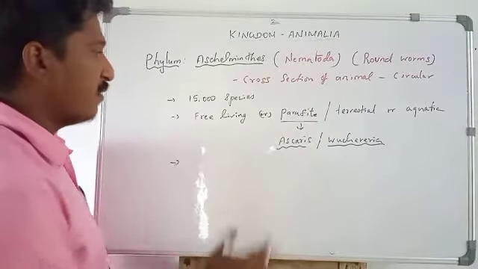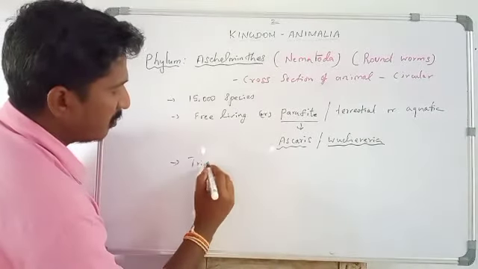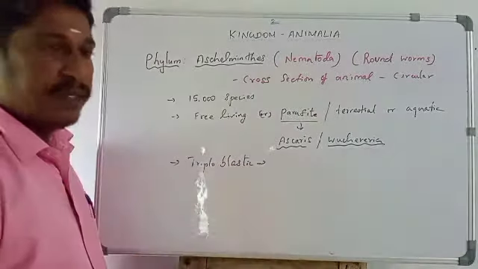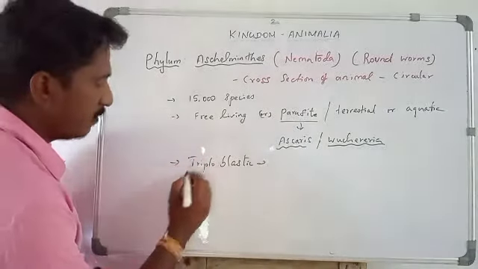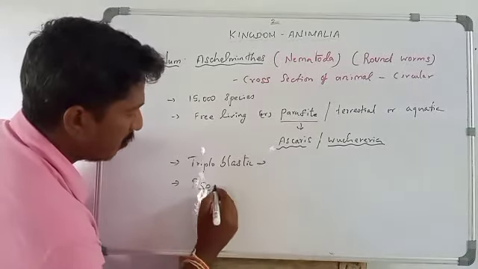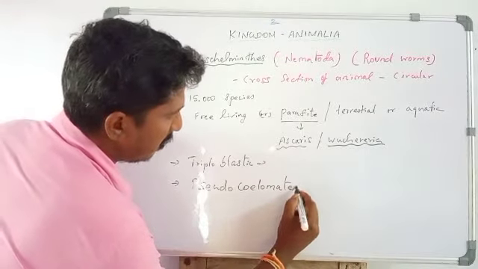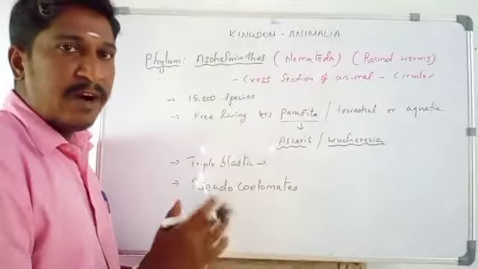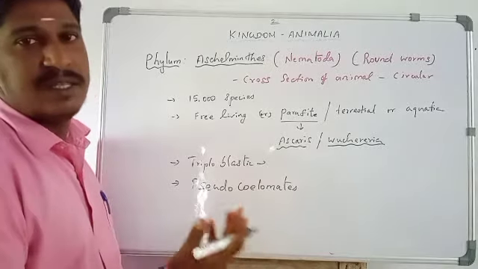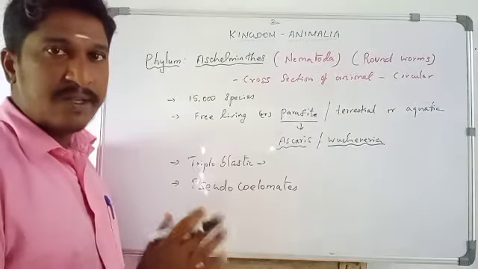The basic characters of Ascomynthus: they are all triploblastic, having 3 germ layers. Then they are pseudocoelomate, because their body cavity is not completely lined with the mesoderm. When the body cavity is completely lined with mesoderm, it is called a true coelom.